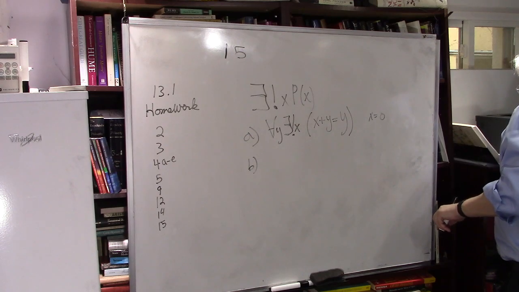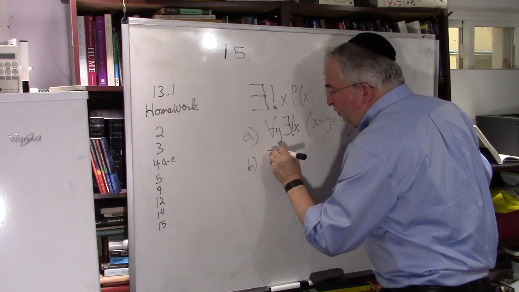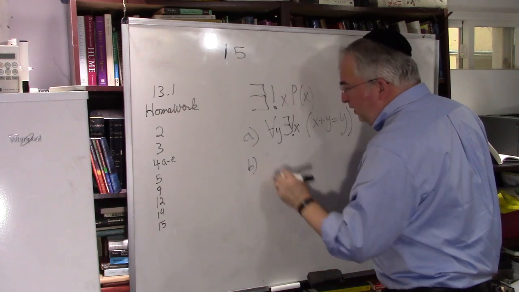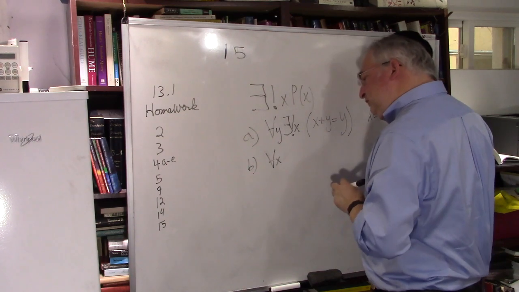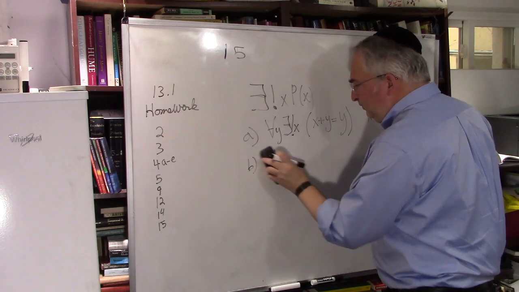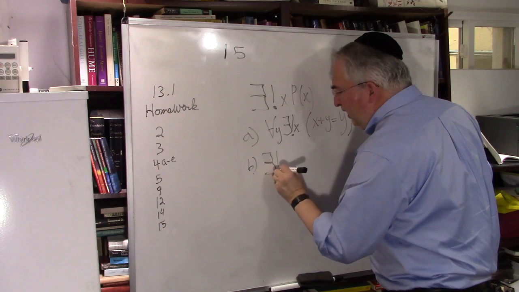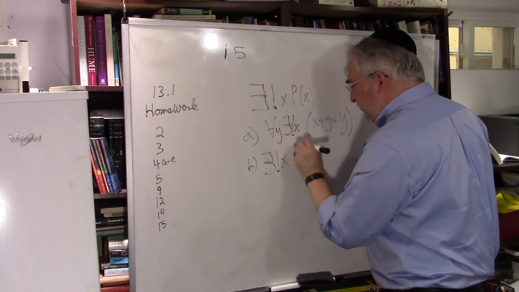Okay, B. The equation x squared equals x has a unique solution. There exists a unique x such that x squared is equal to x.